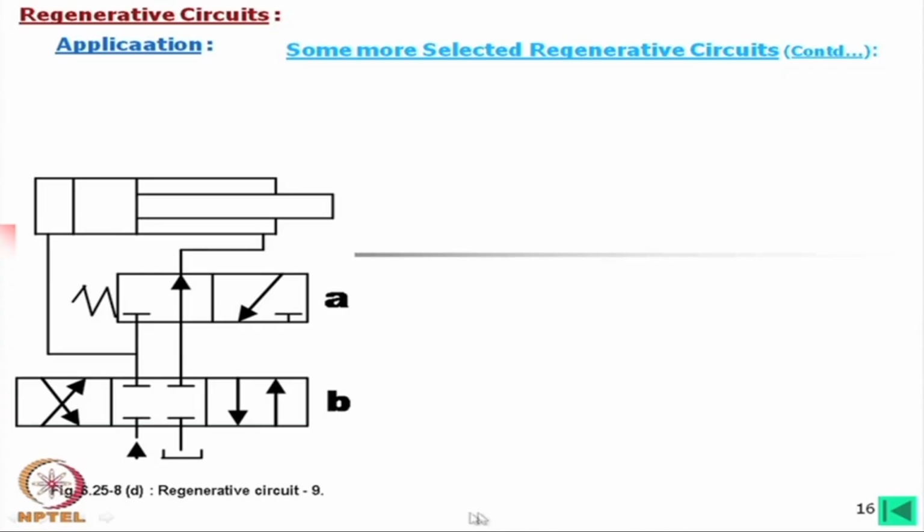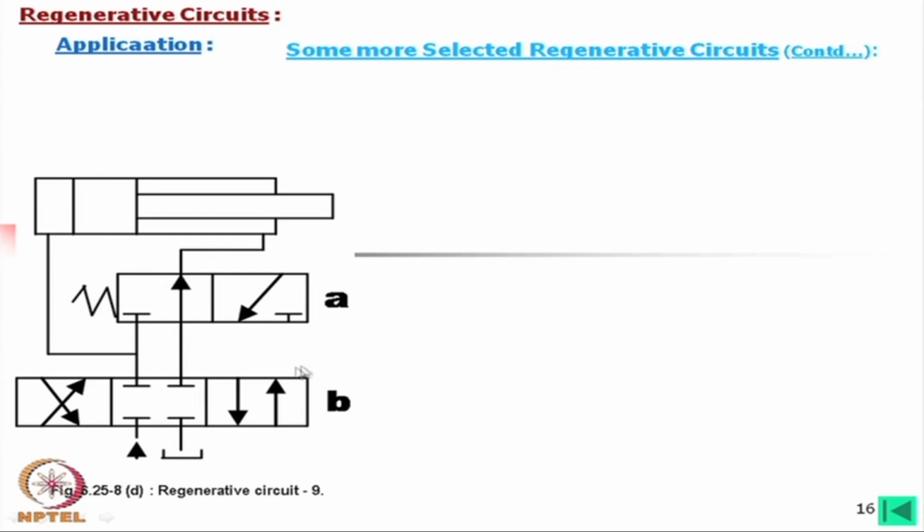Now, we shall consider circuit 9. In that case, this is a 4/3 closed center DC valve, normal valve, and this is 3/2, and in neutral position, it is connected in this way.